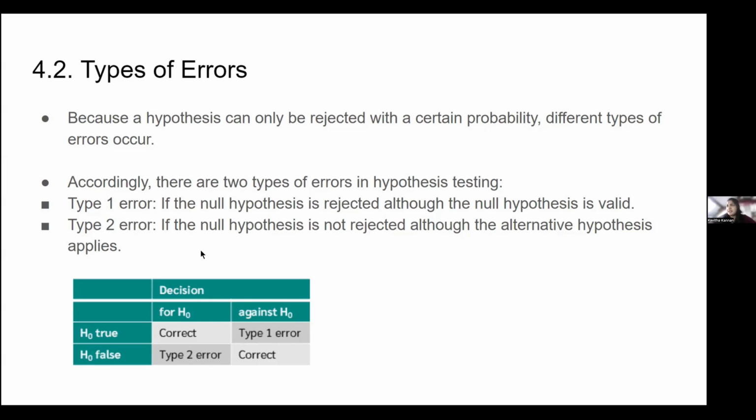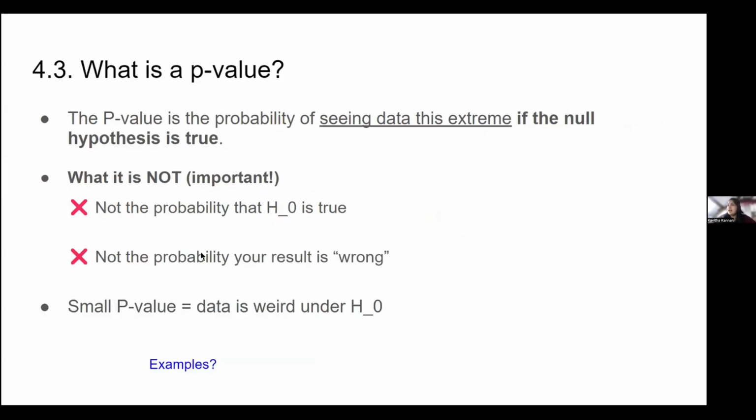Okay, so that leads us to the p-value. The p-value is important because it is the probability of seeing data this extreme if the null hypothesis is true.